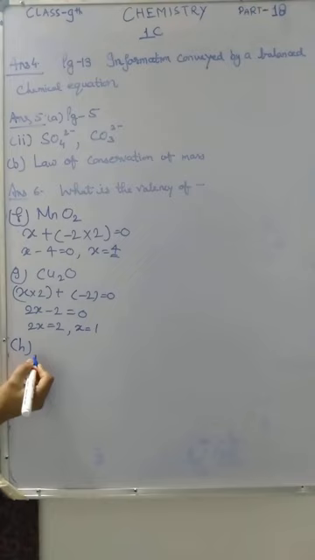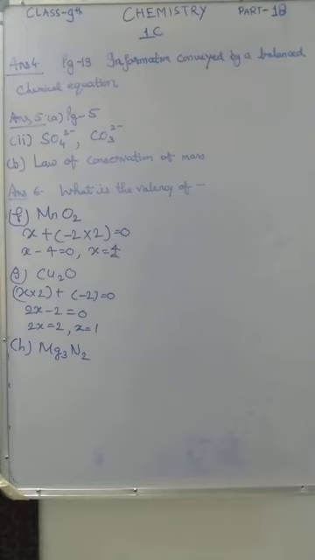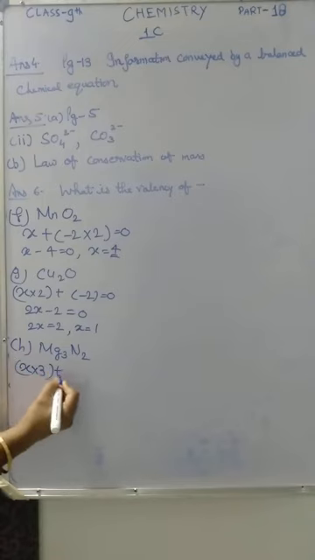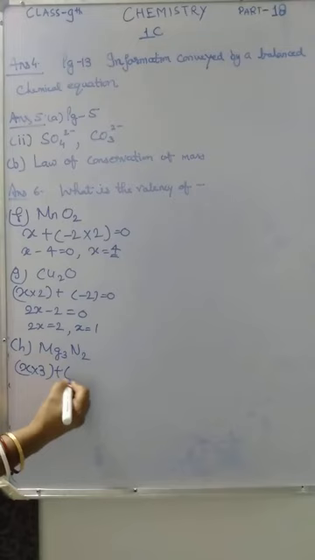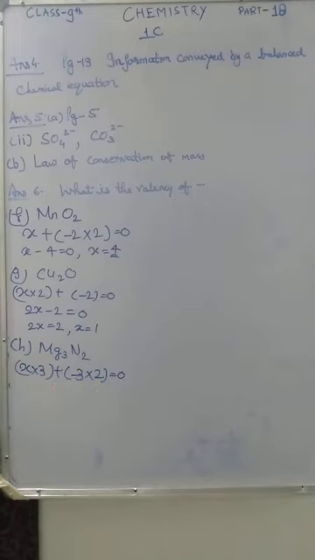Next one, Mg3N2. In this you have to find out the valency of this magnesium. So x into 3 plus nitrogen minus 3 into 2 is equal to 0. Okay. So 3x minus 6 is equal to 0.